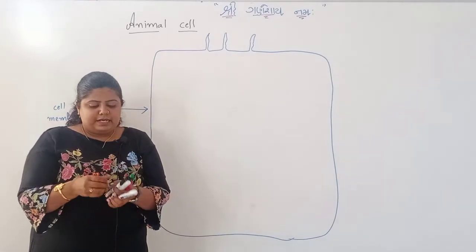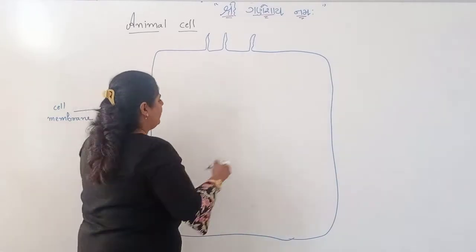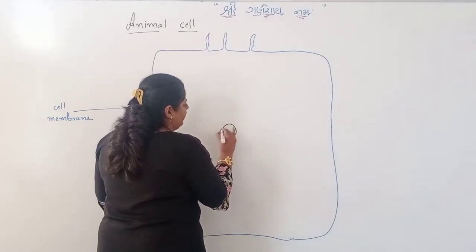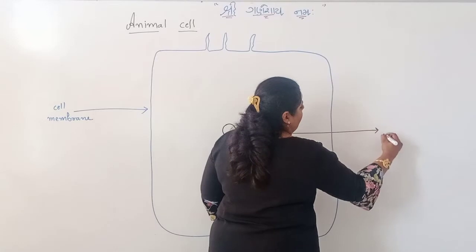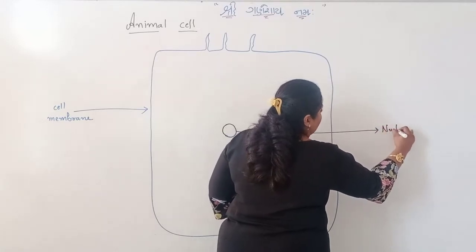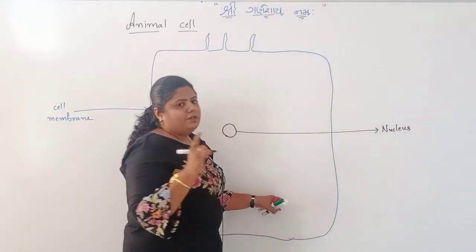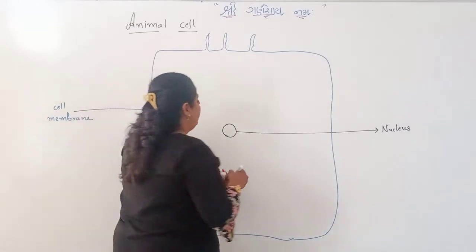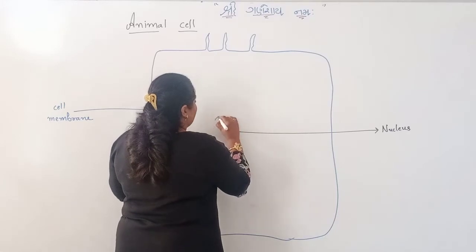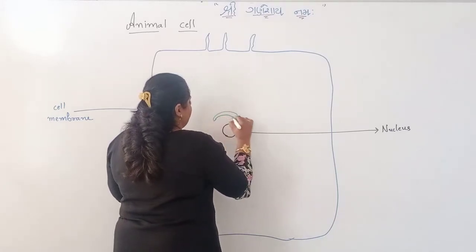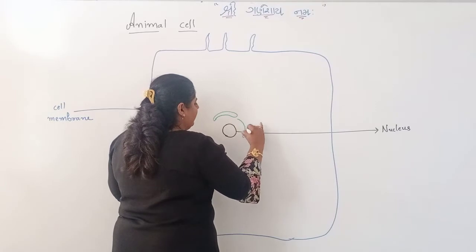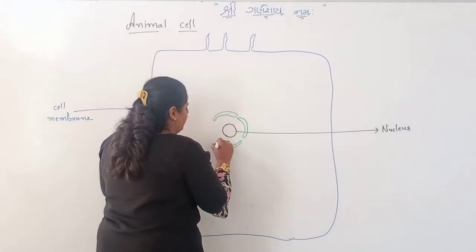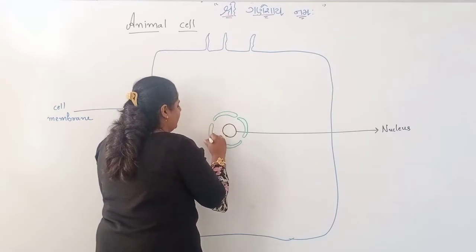After the cell membrane, the boss of the cell, nucleus, that contains DNA, deoxyribonucleic acid. Now, the nucleus is covered by a double membrane, the nuclear membrane, but between this nuclear membrane there is a gap called nuclear pore.